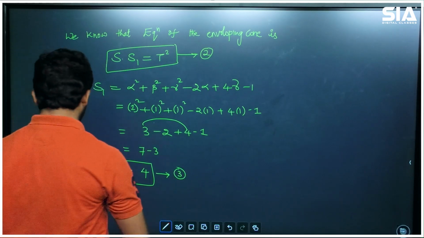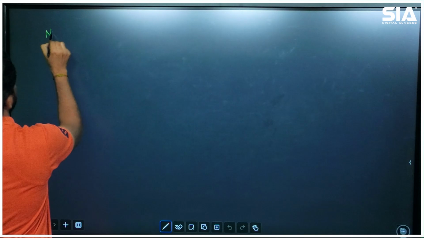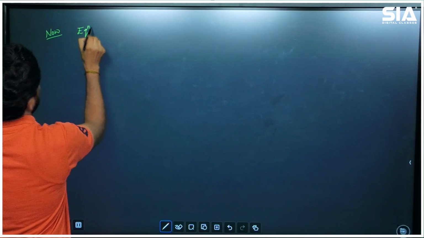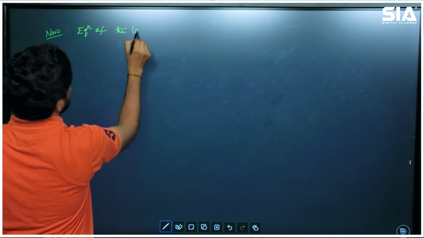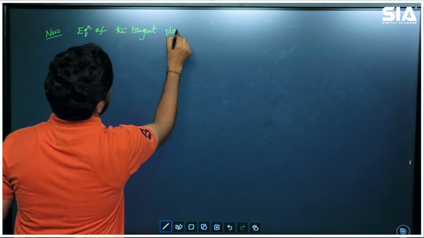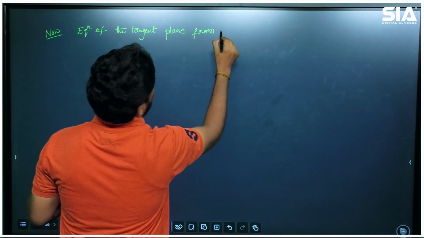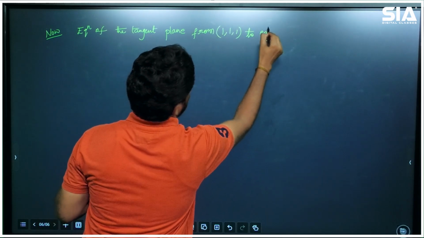Now what do we have to find? Next we have to find the capital T value, the equation of the tangent plane from 1, 1, 1 to equation number 1.